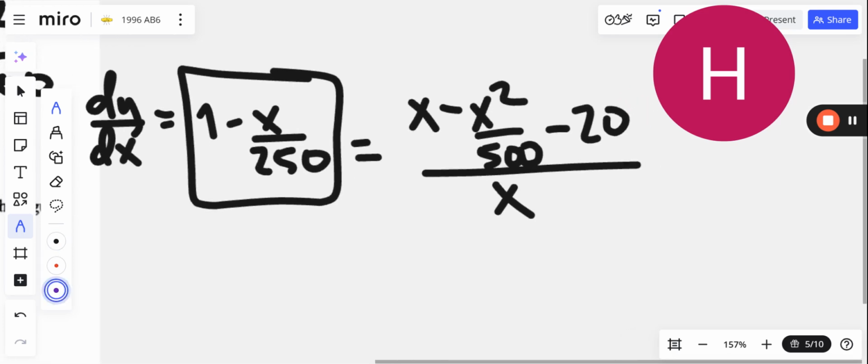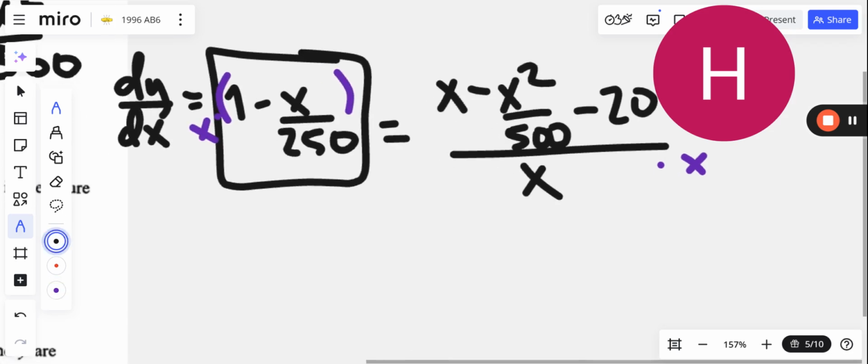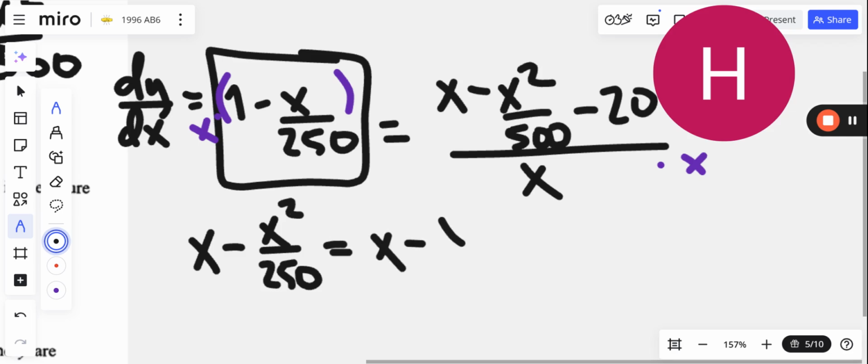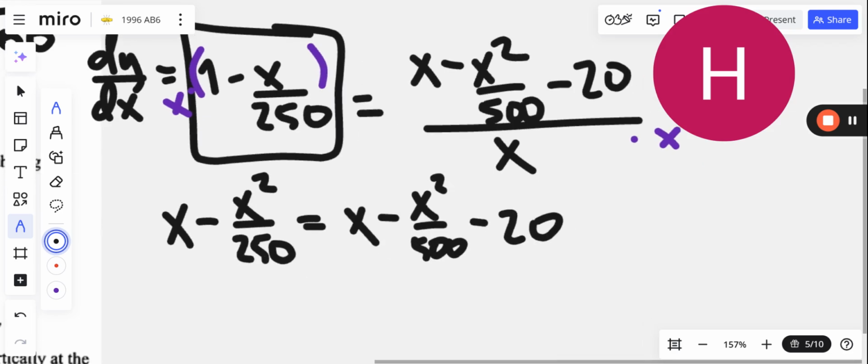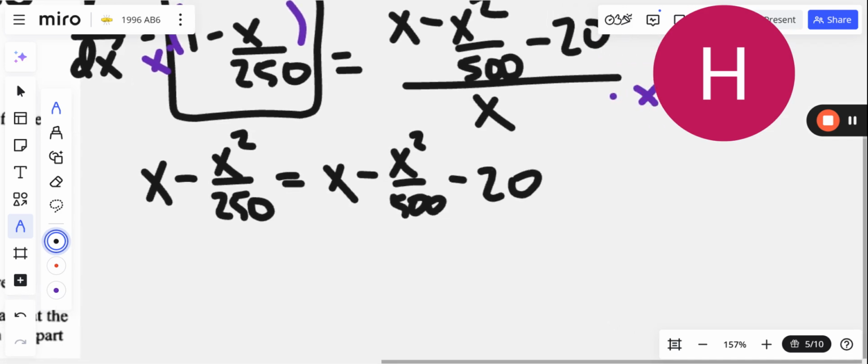If we multiply both sides by x, the natural thing that you would do in algebra, multiply by this denominator, you happen to get x minus x squared over 250, which is kind of similar to the x minus x squared over 500 we have on this side. And then minus 20. Okay, so we're almost there.